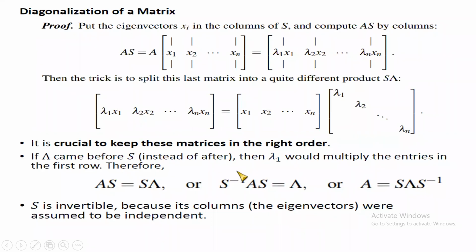Then using this formula, calculate the value of lambda, and this lambda will always be the same as the diagonal matrix with the eigenvalues on the diagonal, so that you can just check. S is invertible because its columns, the eigenvectors, are assumed to be independent. We always say that S is invertible because the columns are assumed to be independent.